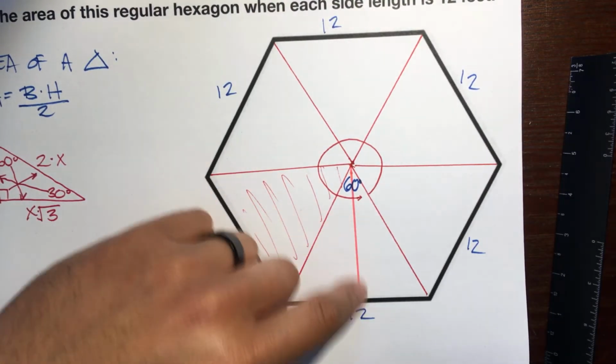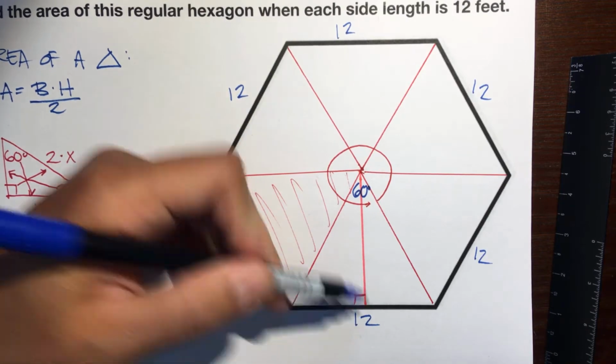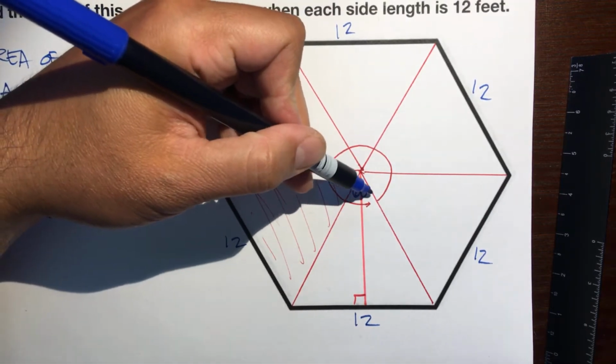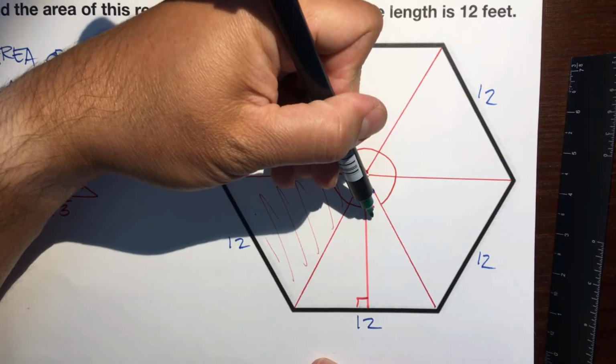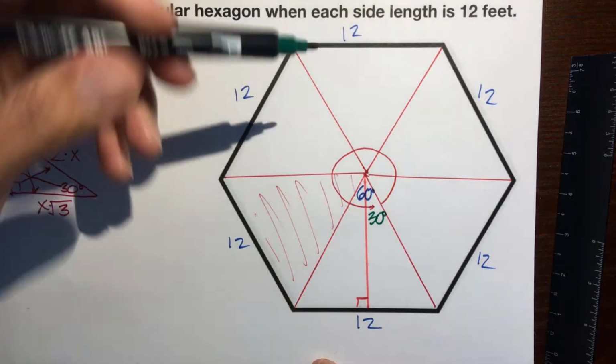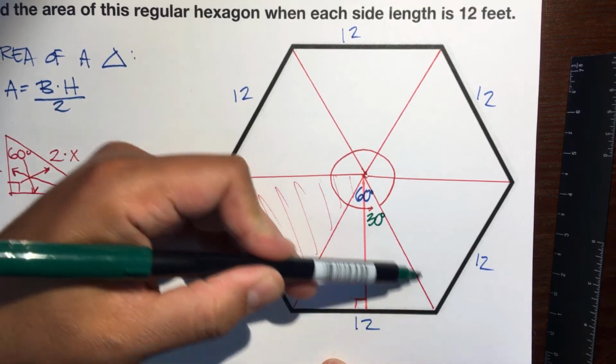So how do we figure this out? Well, in drawing this line, we split this 60-degree angle in half. We bisected it. So that angle now is 30 degrees. And we're going to focus on this triangle right here.